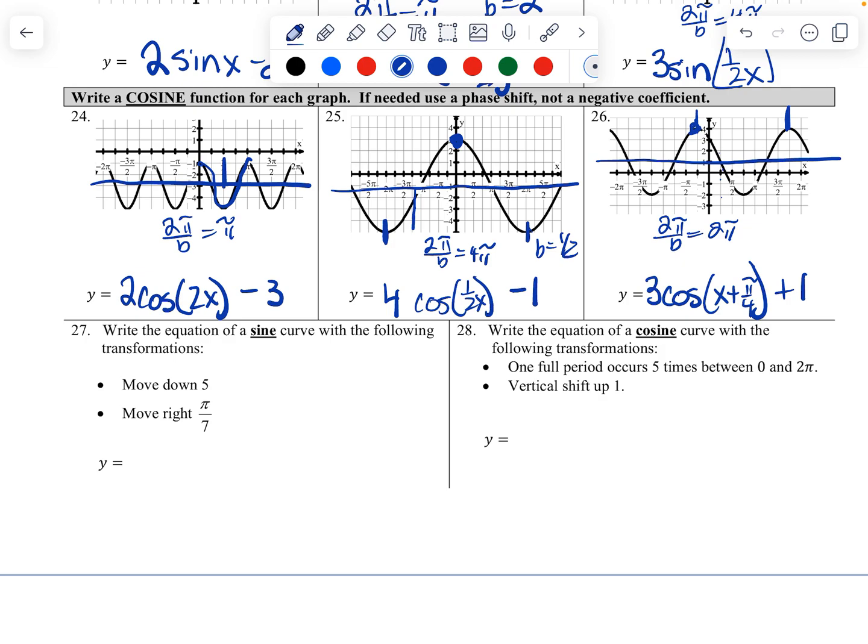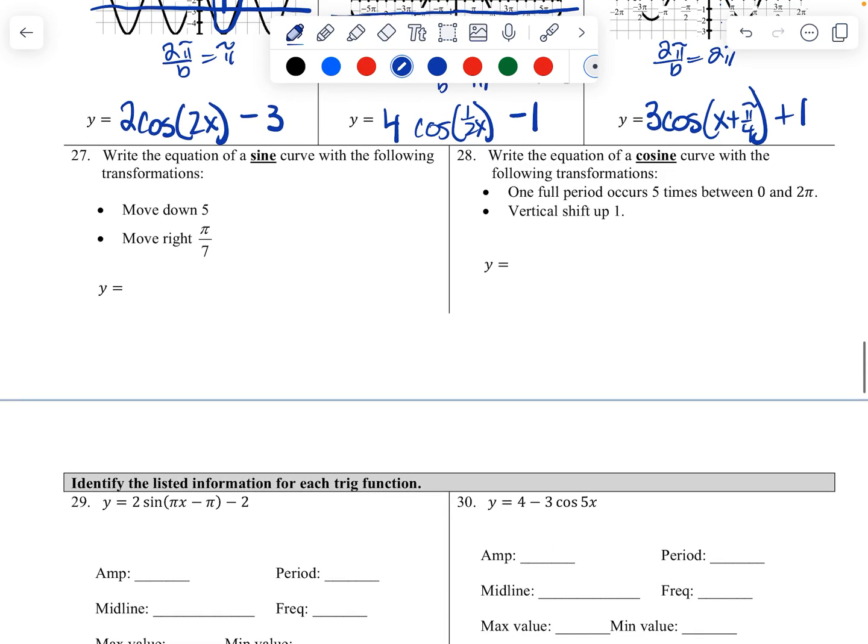All right, number 27. So we have to write a sine curve with a shift. So to the right, pi over 4. So this would be the sine of x minus pi over 4, and down 5, so -5. Let's see, a cosine, vertical shift up.